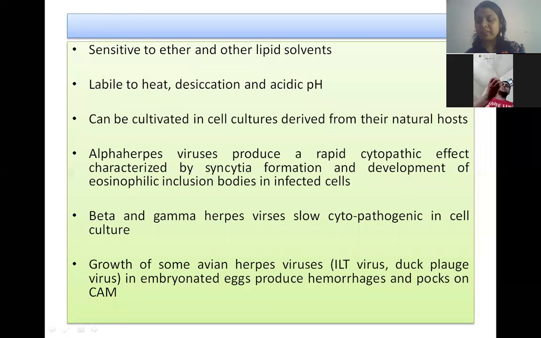Syncytia formation means the fusion of infected cells with neighboring cells, causing the formation of multinucleated enlarged cells. Whereas beta and gamma herpesviruses are slowly cytopathic, and some herpesviruses can be grown on embryonated eggs and produce hemorrhages and pock lesions on the chorioallantoic membrane.